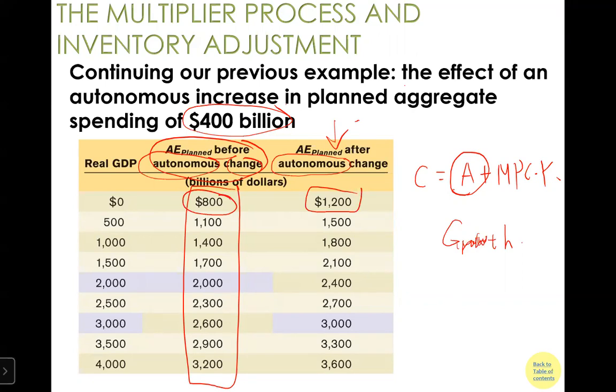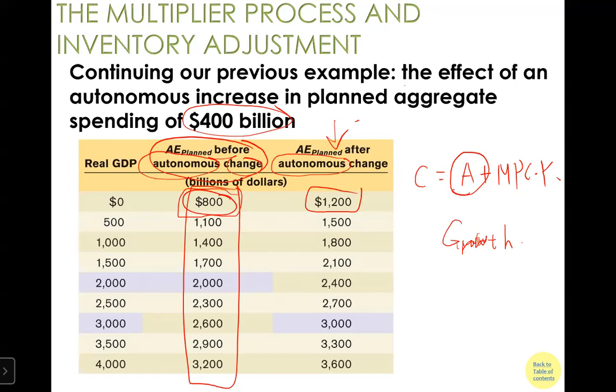Or it's because of inflation. Everything becomes relatively more expensive, and we want to spend more on necessities. That's considered autonomous spending.